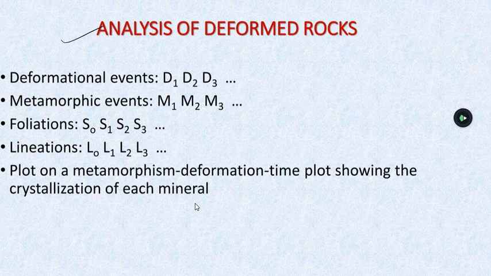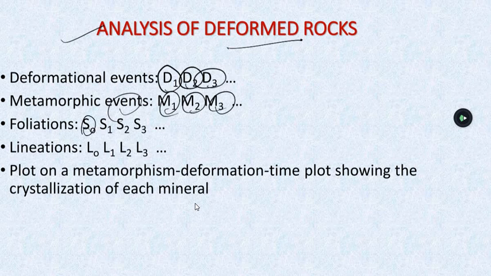So like this there will be some analysis of deformed grains or deformed rocks, whether it is undergoing multi-phase deformation, whether it is going through the first stage of deformation. The deformational events are written like D1, D2, D3. Metamorphic events M1, M2, M3 the same, whether it is the first, second or third stage of metamorphic event.